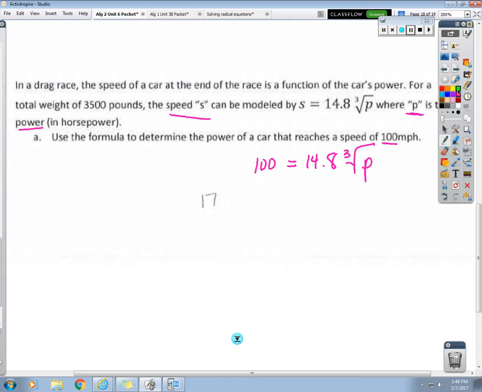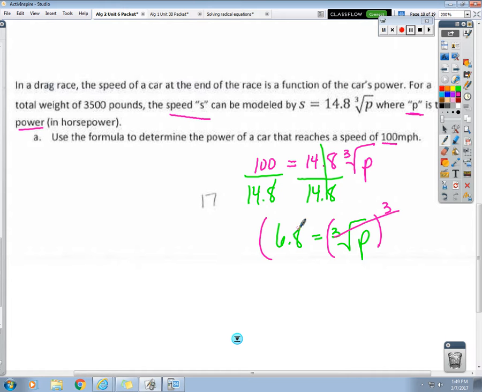So what will you do first to solve it? Correct. And so what is 100 divided by 14.8? 6.8 if you round it to the tenths place. And now to solve for P, what's the last step? Cube it to cancel out that cube root.